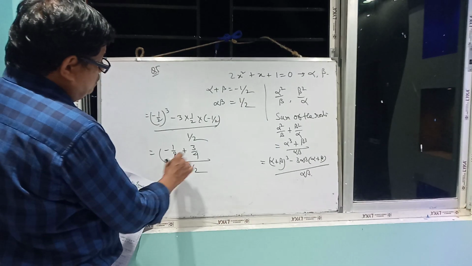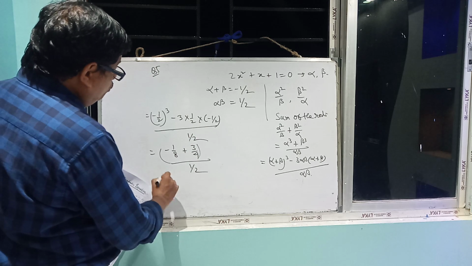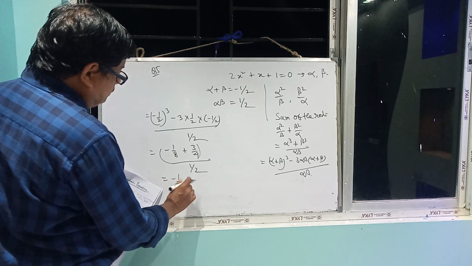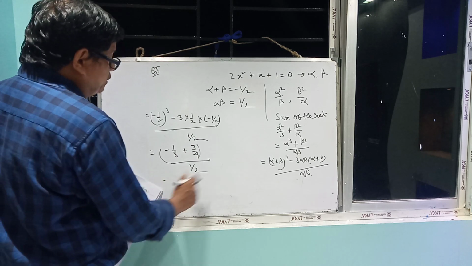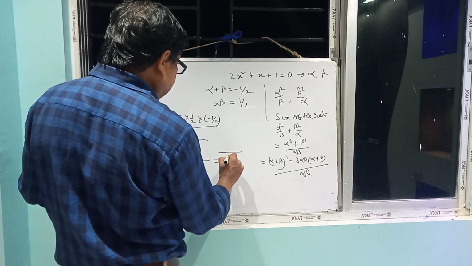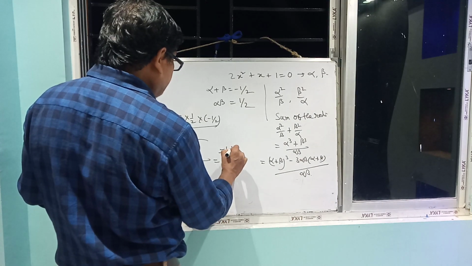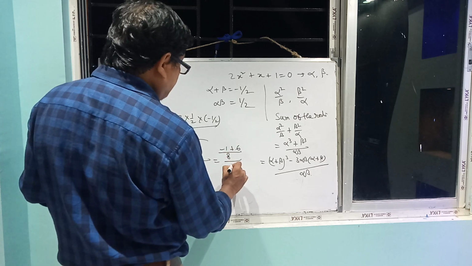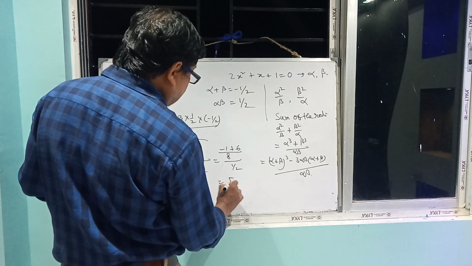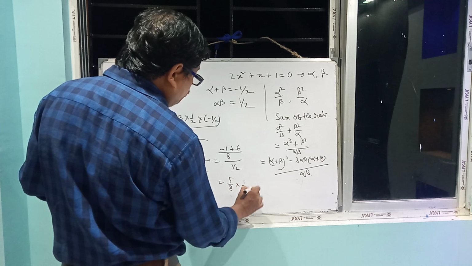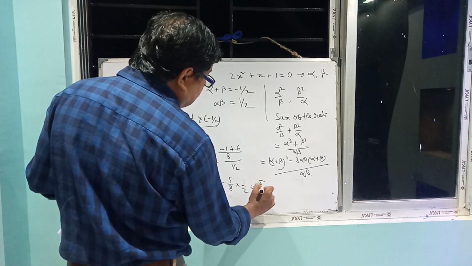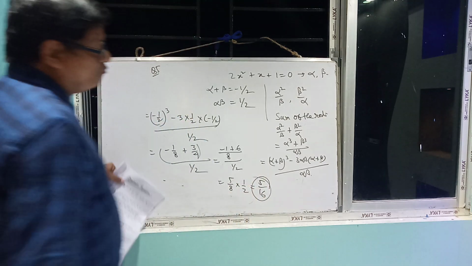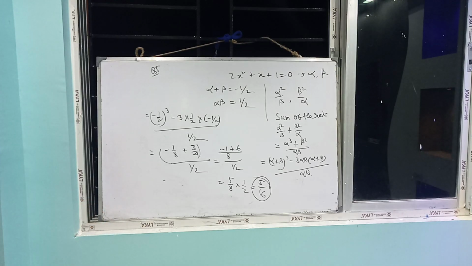Dividing by half means multiplying by 2, so minus 1 by 8. See, this will be, LCM is 8, minus 1 plus 6 by 8. So here 5 by 8 by half. Understood? Just simplify.